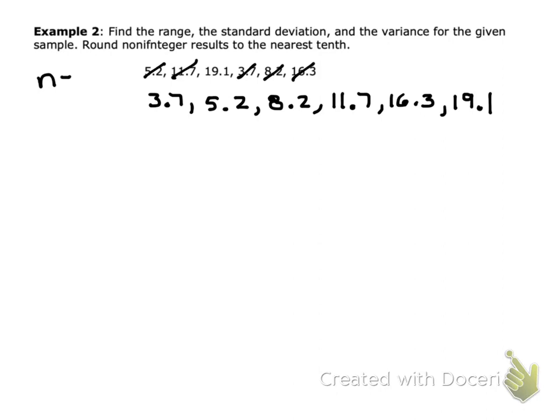So n is 6. There's 6 numbers there. What I'm looking for is range, standard deviation, and variance, which is s squared.